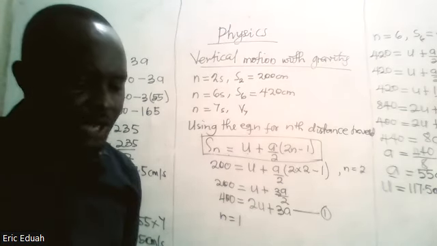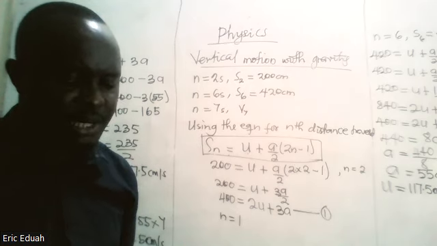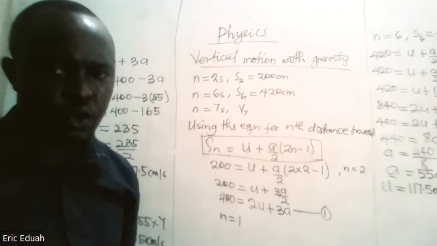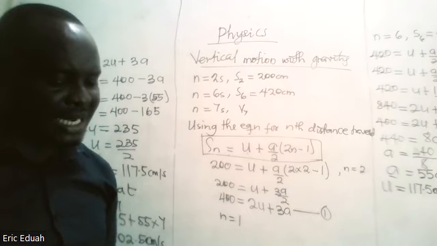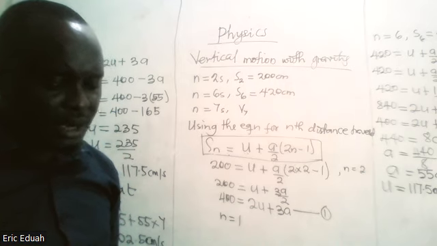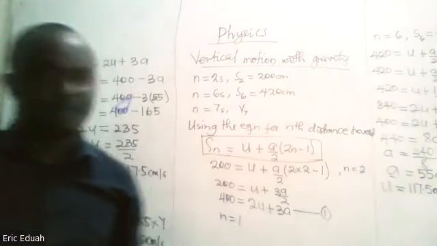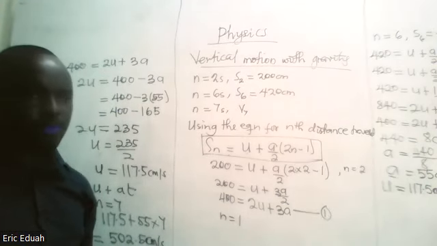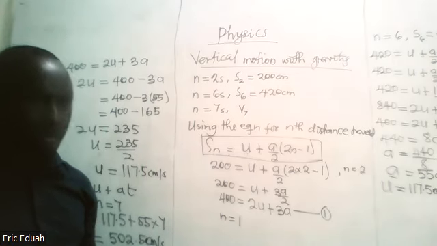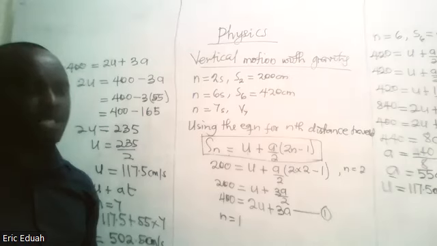A body travels 200 centimeters in the first 2 seconds and 420 centimeters in the next 4 seconds. What will be the velocity at the end of the 7th second from the start? If the question says that the body starts from rest, then your initial velocity u is zero.